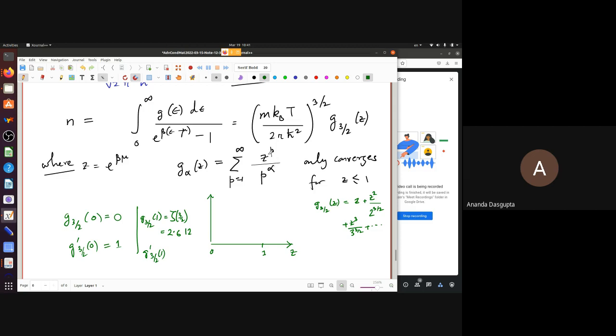So we'll have the sum of z to the p minus 1 by p to the alpha minus 1. Now, for z equal to 1, which is where you're looking at, this will simply be 1 over p to the alpha minus 1 summed over, in other words, zeta of alpha minus 1. In this case, zeta of half. Any idea of how much this is? Zeta of half?